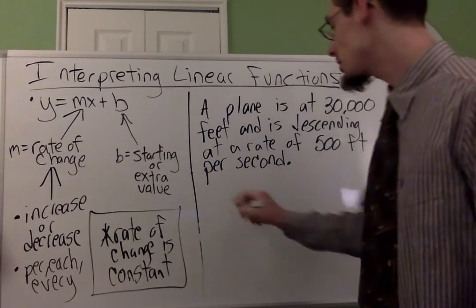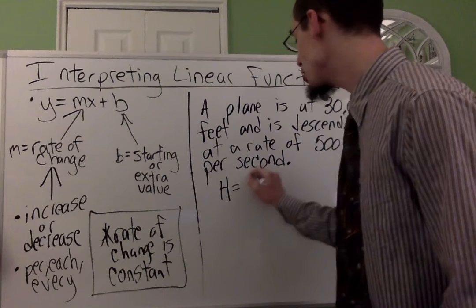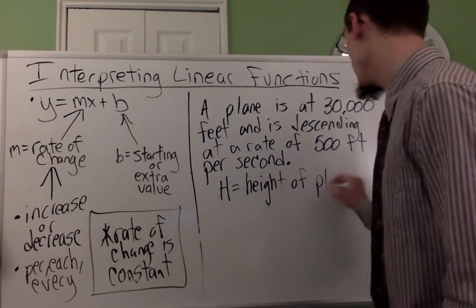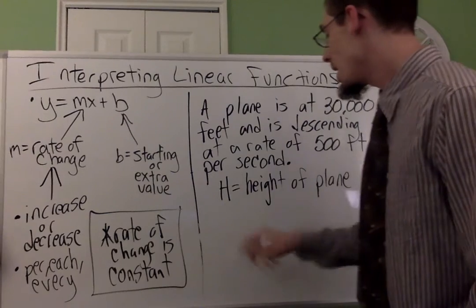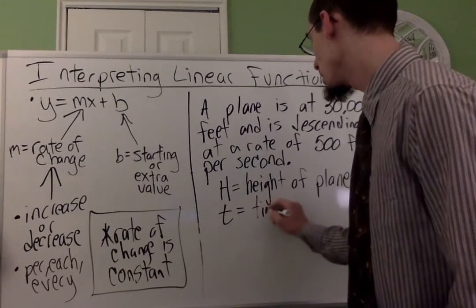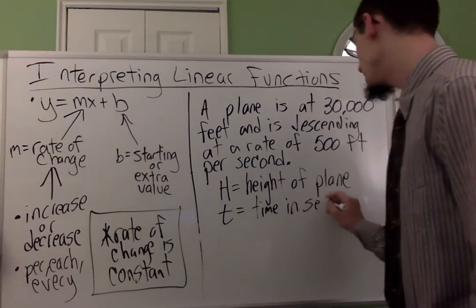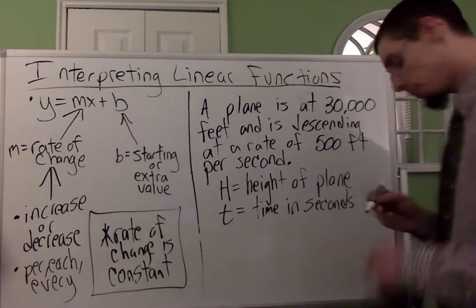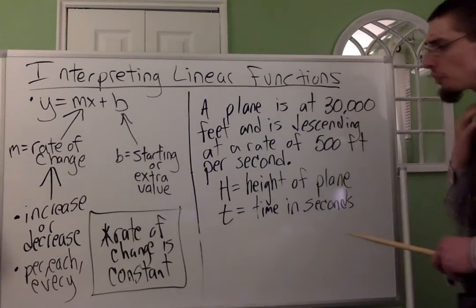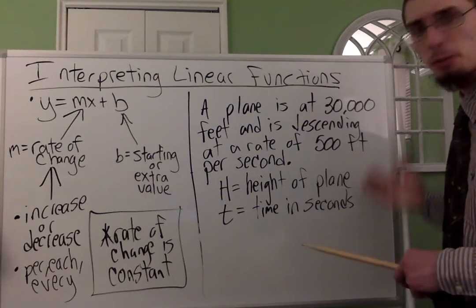So what I'm going to do is I'm going to let h be the height of the plane, and I'm going to let t be time in seconds. Usually the variables are given to you. That's why I'm kind of just producing them right here.